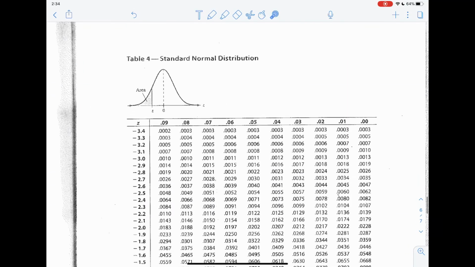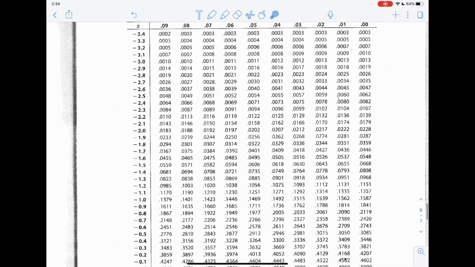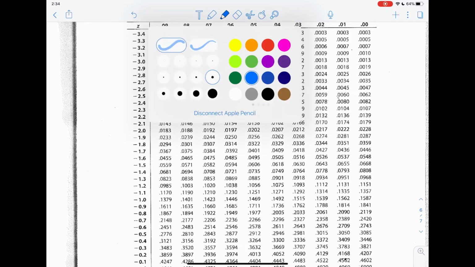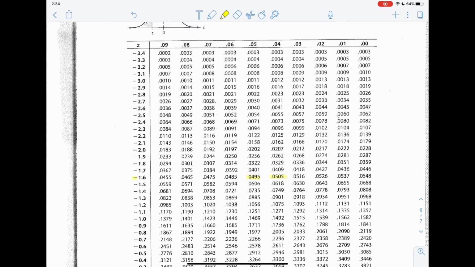So let's go to our standard normal table at the end here. We're looking for 0.05. 0.05 is right here. So 0.05 is living halfway between those two critical values. And so it's halfway between negative 1.64 and 1.65.